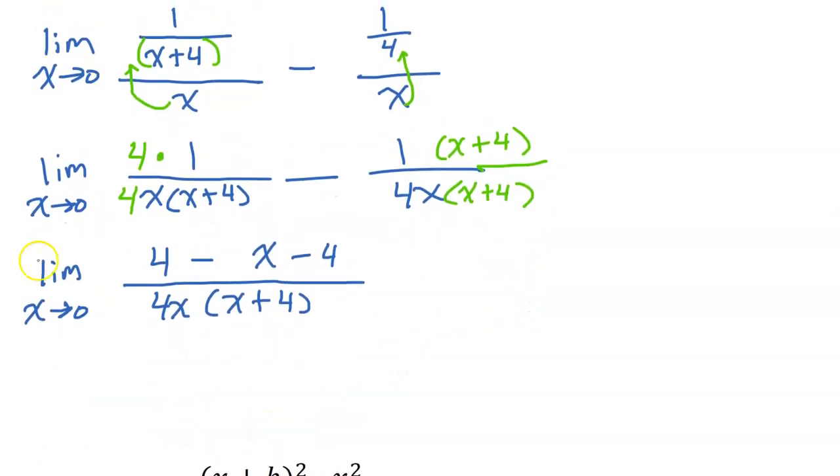Okay, so this will be the same thing as the limit as x approaches 0 of, we have 4 and then minus 4. These 4s are going to cancel each other out. Don't forget about that negative sign right there. So in the numerator we have negative x.